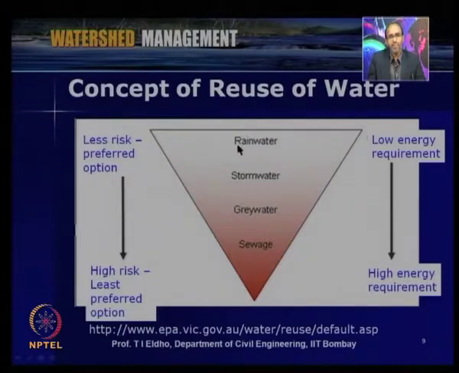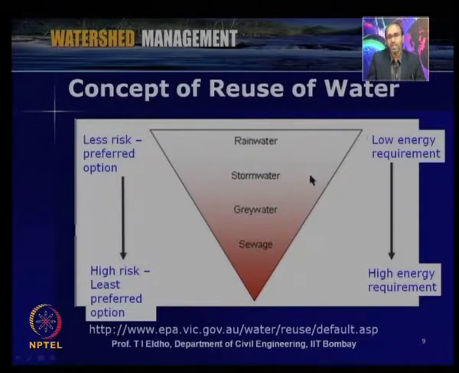The first two categories, rainwater and storm water, are less risk and preferred options, while grey water or sewage water is high risk and the least preferred option, especially for domestic purposes.